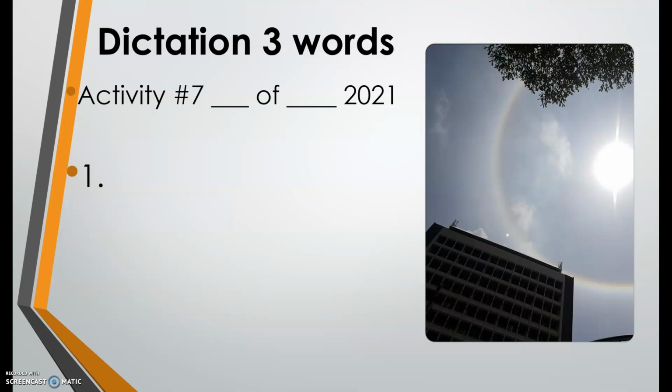Number 2, spell the word normal. Number 3, spell the word far-sighted.